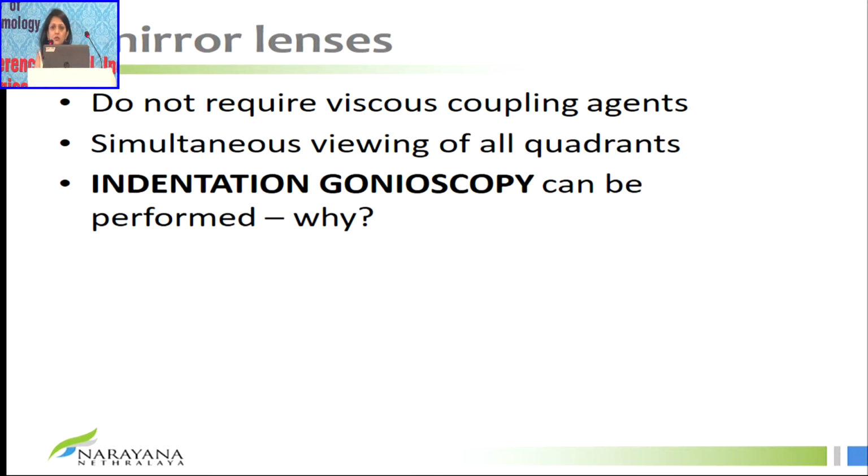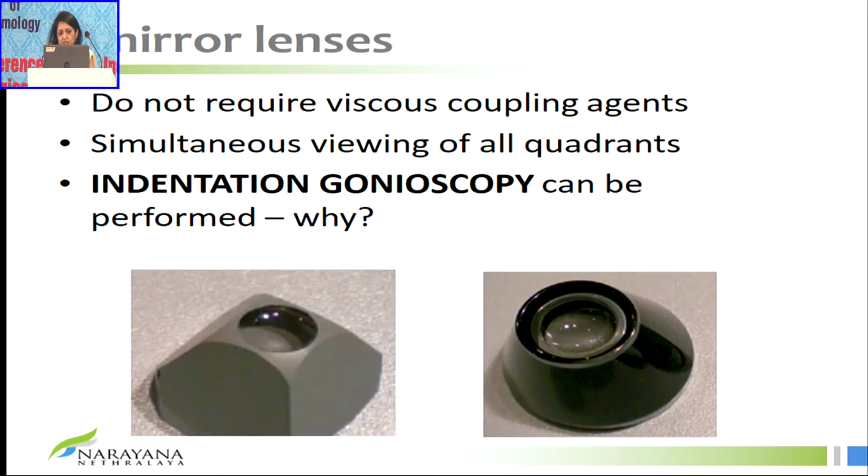What feature in the lens makes it possible? If you see, the radius of curvature is more. It's a shallow kind of surface, and the diameter is lesser than that of the cornea. So you can indent, you can actually press on the cornea, which pushes the aqueous to the angle, so it can open up a closed angle if it is appositional closure.